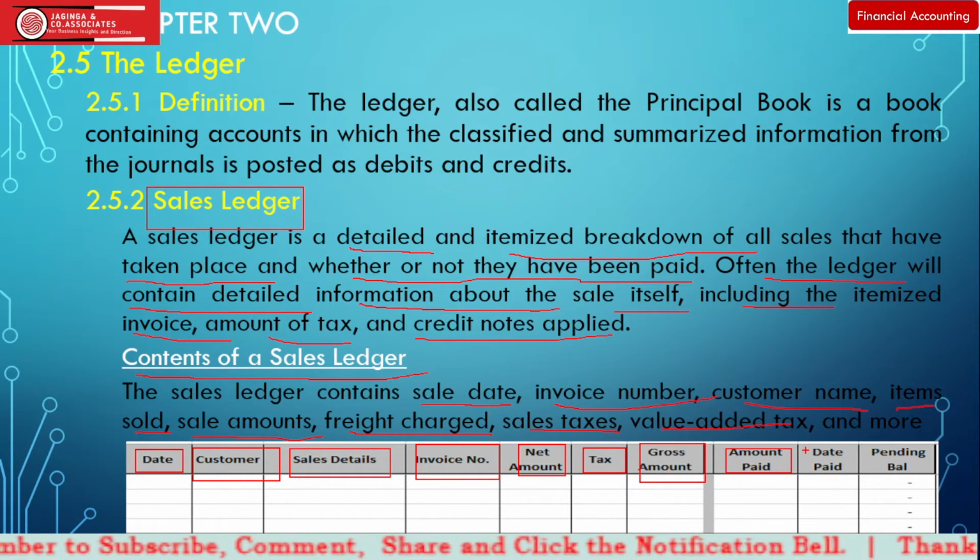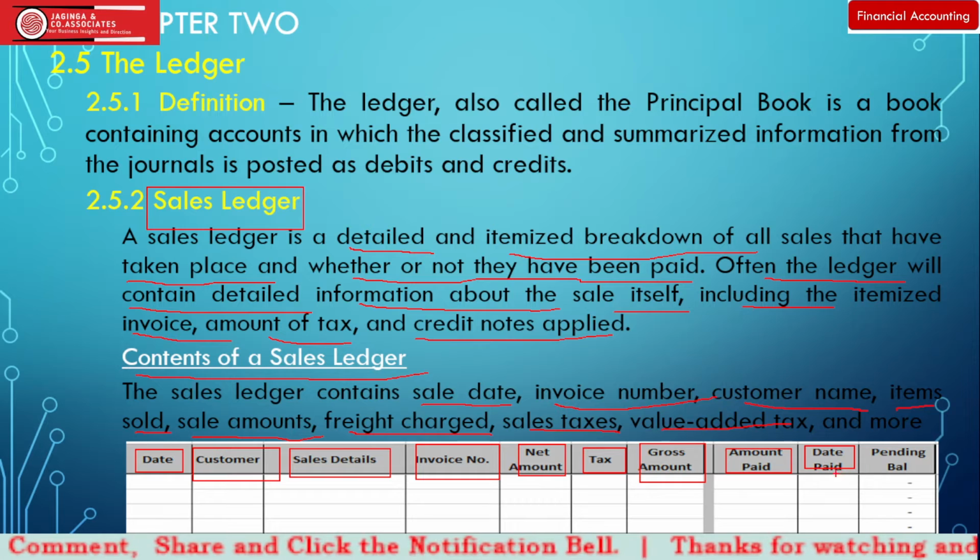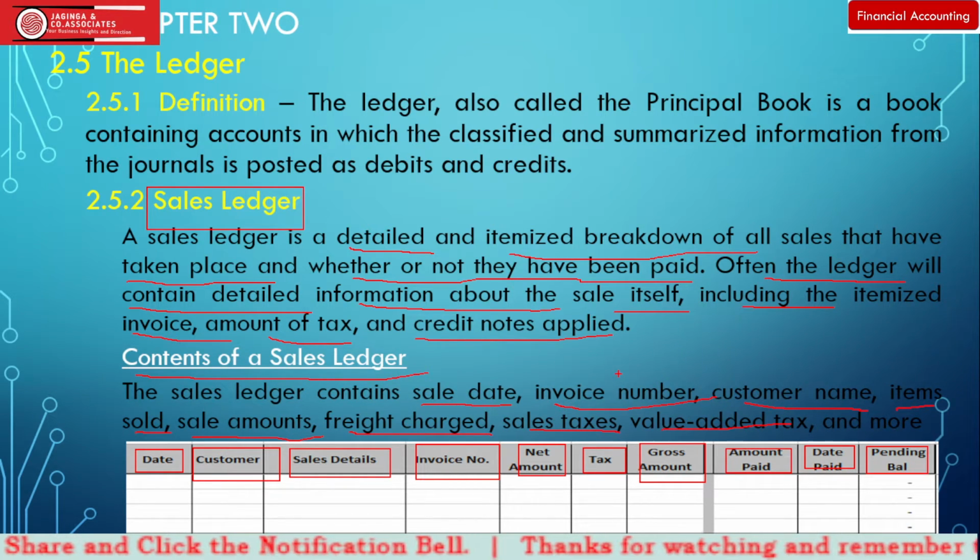And then we also have the date that amount was paid, and maybe the amount was 100,000 and the customer paid 50,000. So you also must have the pending balance. So this is all about sales ledger.